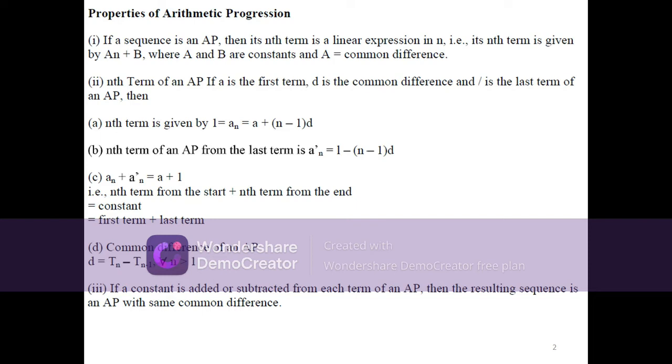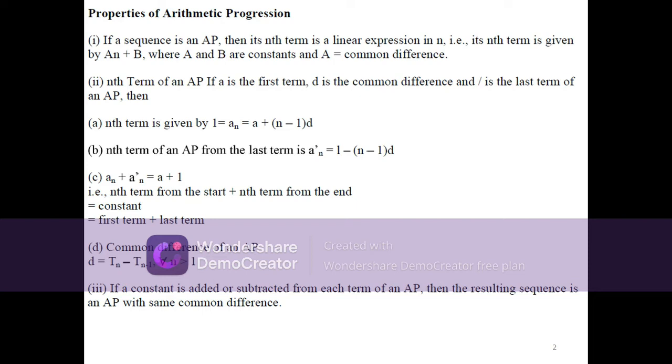The properties of arithmetic progression: if a sequence is an arithmetic progression, then its nth term is a linear expression in n. That is, its nth term is given by an plus b, where a and b are constants and a is the common difference.